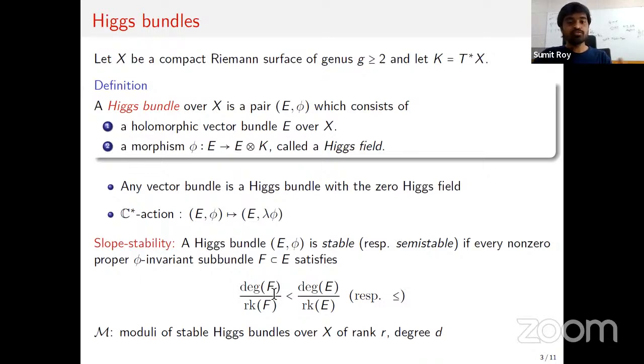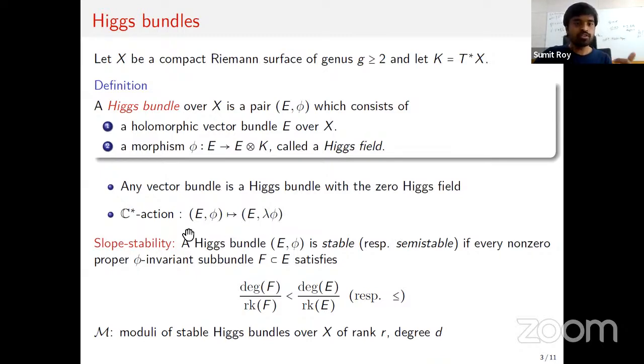Okay. So since we have the notion of stability, we can consider the moduli space M of stable Higgs bundles over X of a fixed rank and fixed degree. Okay. Now the C-star action here has a nice property. It preserves the stable Higgs bundles. So if (E, phi) is stable, then (E, lambda phi) is also stable.